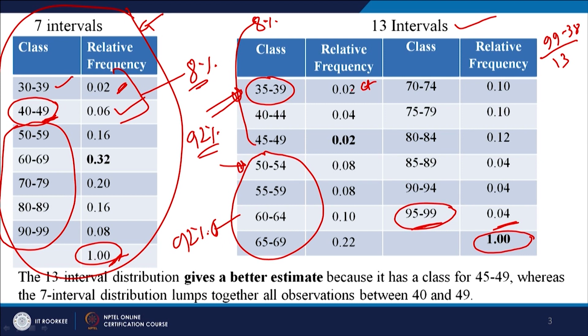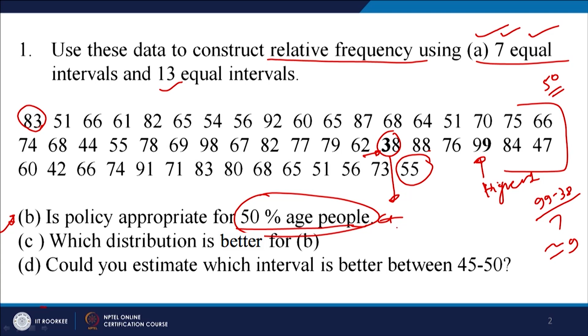From both these relative frequency tables, what we are inferring is that there are 92% people who have age 50 or more than 50. So, this policy is not a good policy. The policy is not fitting this particular criterion, and I have already mentioned what the criterion was.